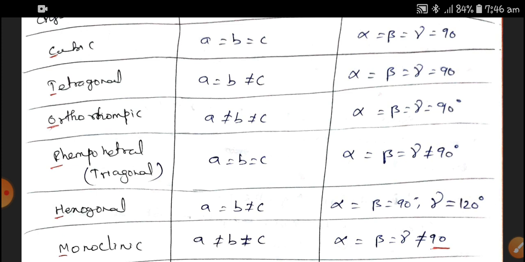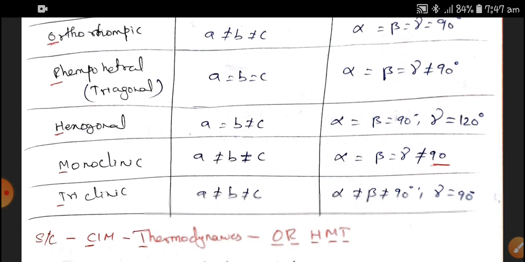And rhombohedral or trigonal: A equals B equals C, and alpha equals beta equals gamma, which is not equal to 90 degrees. And hexagonal: A equals B, not equal to C, and alpha equals beta equals 90 degrees and gamma is 120 degrees.